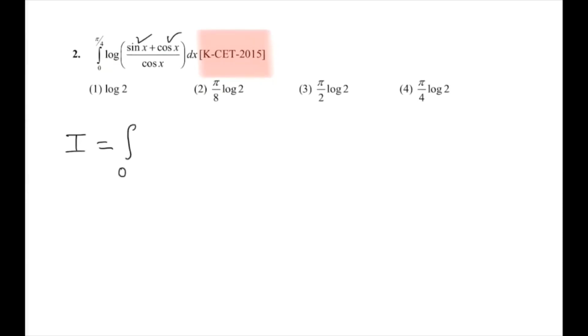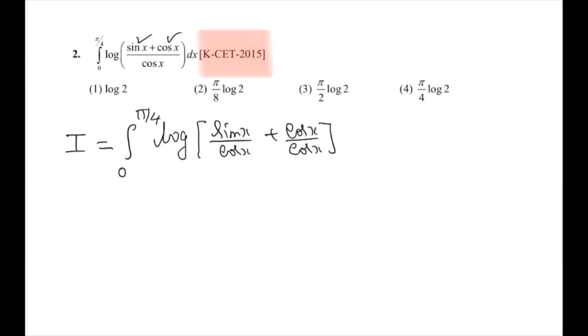So it reduces to 0 to pi by 4 of log of sin x upon cos x plus cos x upon cos x dx. So that is 0 to pi by 4 of log of tan x plus 1 dx.